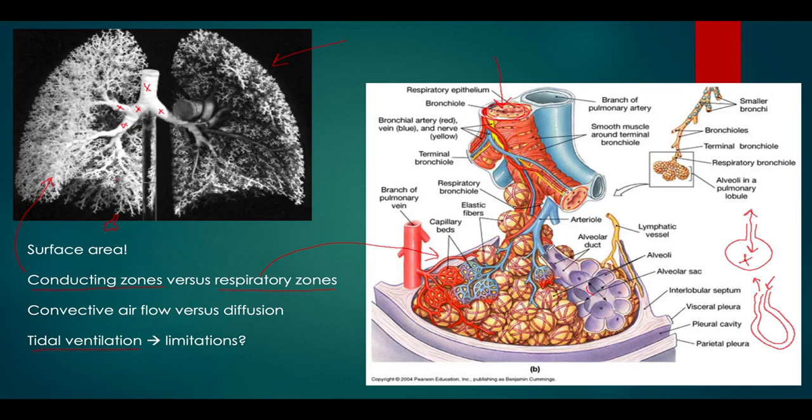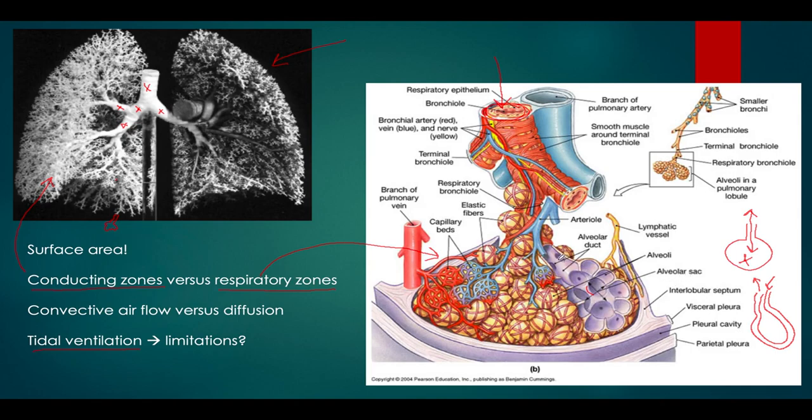Well, what really happens is you pull air through convective, i.e. pressure-driven movement, pressure gradient-driven movement, down to about here. And then the gases have to basically diffuse back and forth, and they do so very quickly because it's in air, and this is about a millimeter between the alveolar ducts and the alveoli in a particular cluster here called the alveolar sac.